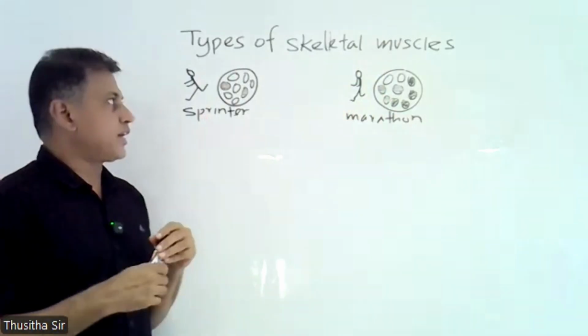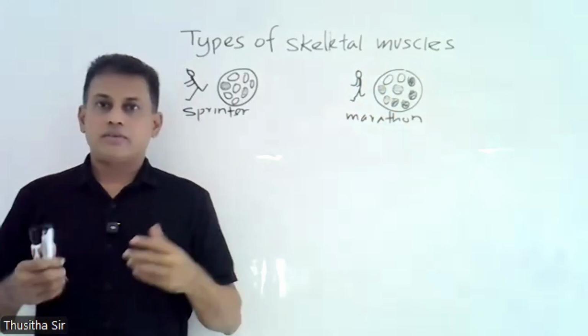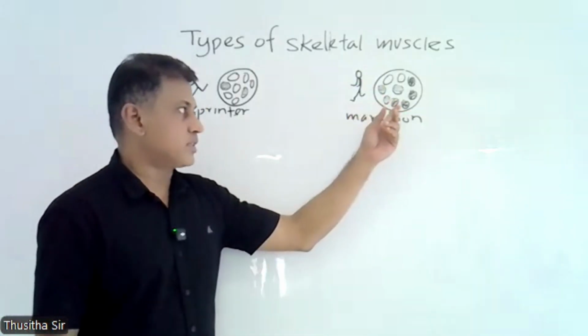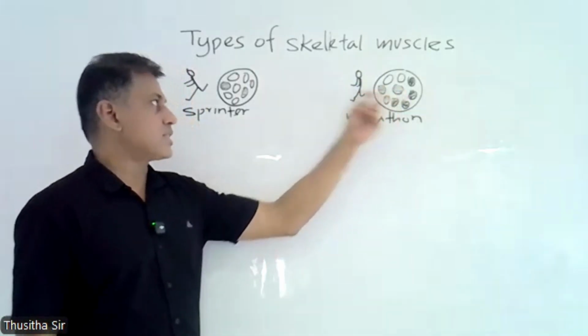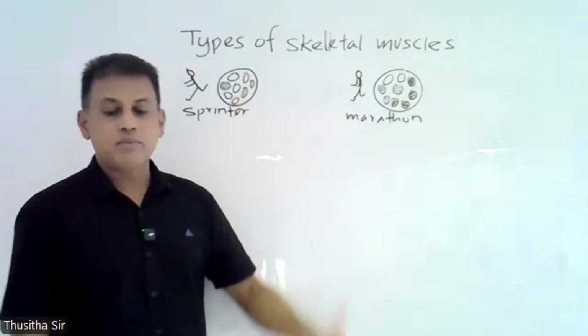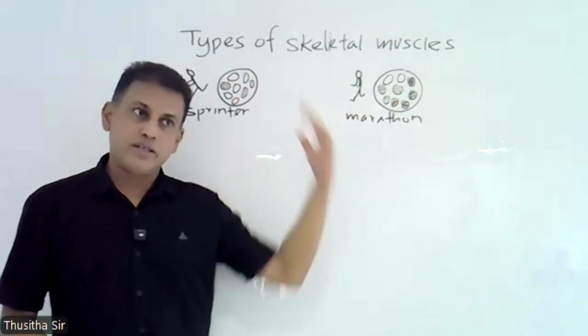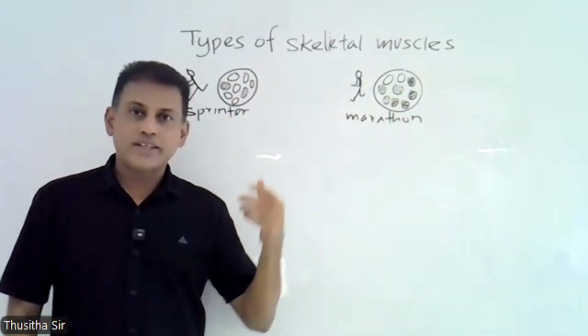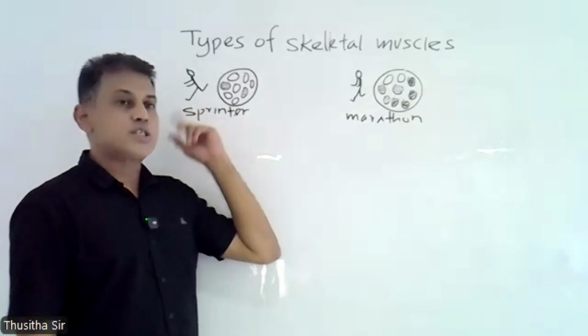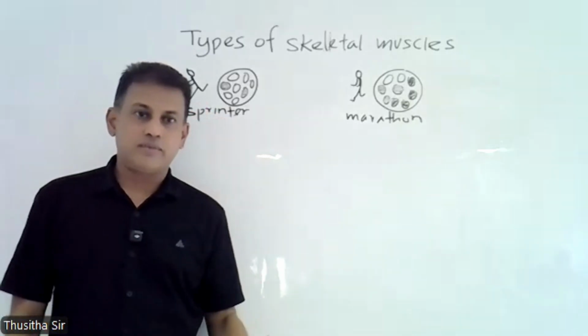So when they develop their training, their muscles appear like this. That's a marathon runner's muscles, and this is a sprinter's muscles. Now we can easily understand and remember these 2 different muscles, what kind of respiration this person is doing during the activity.